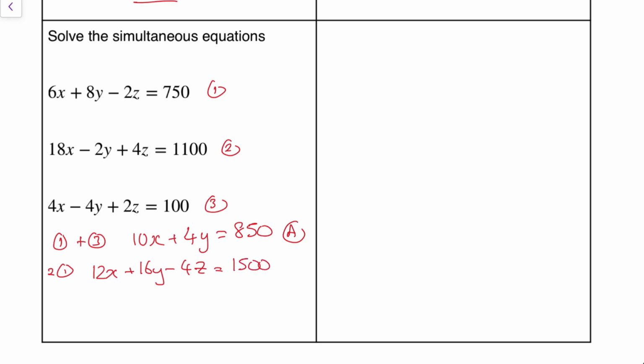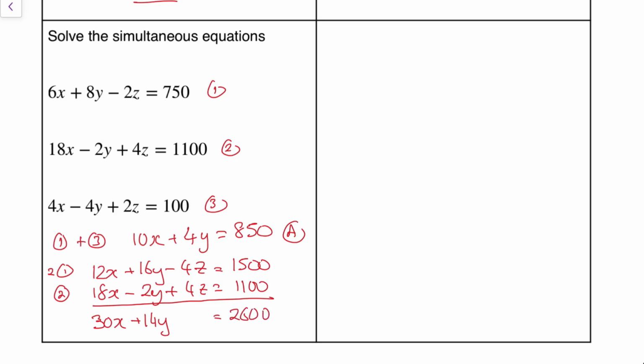And then I'm just going to write equation 2 underneath, which is going to be 18x minus 2y plus 4z is equal to 1100. Okay, so let's add these up. So that's going to give me 30x, 16 minus 2 is going to give me 14y. 4z's cancel out, and that is 2,600. Wow, what a number. And that's going to be B.